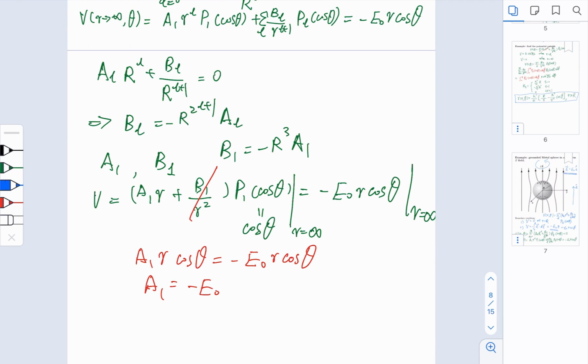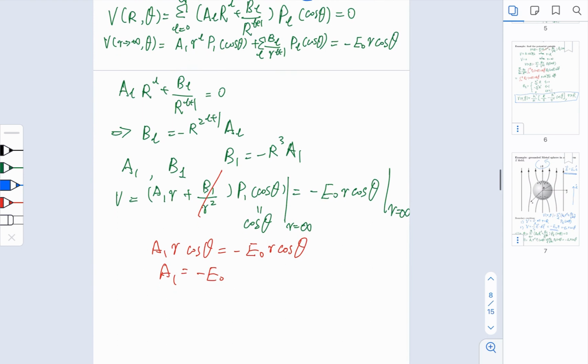Now the final solution should be minus E0 R cosine theta plus B1 over R to the power of 2.